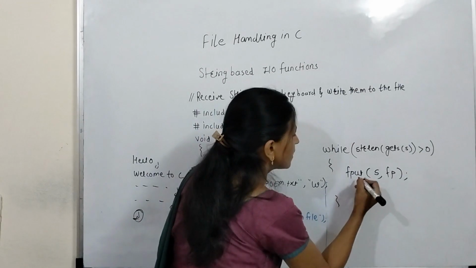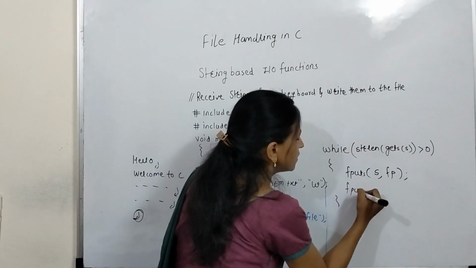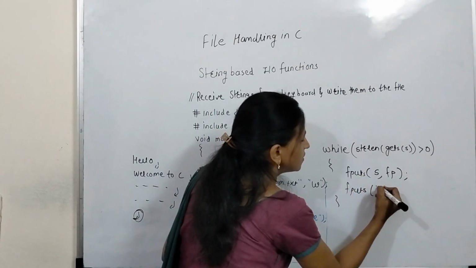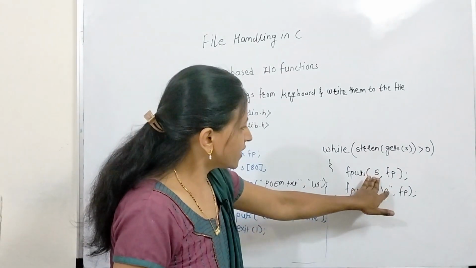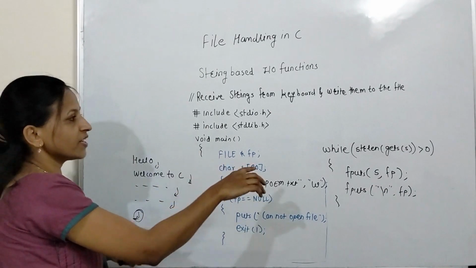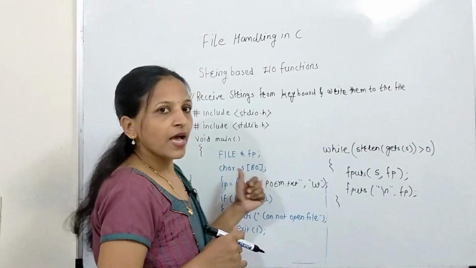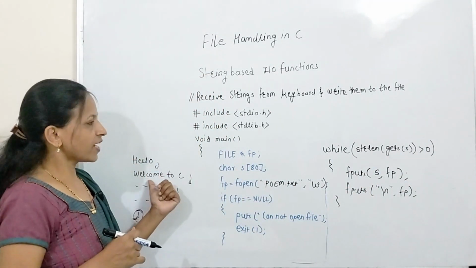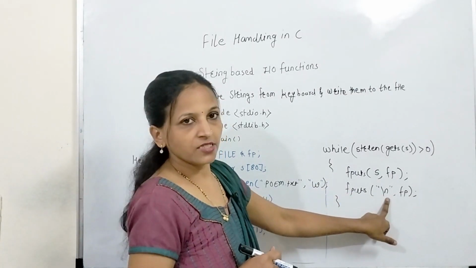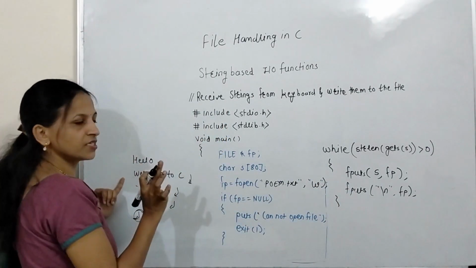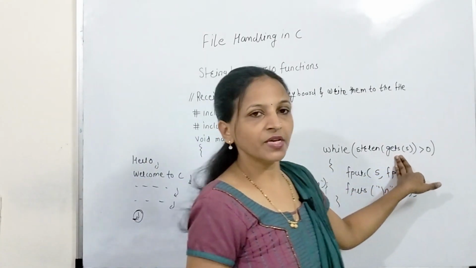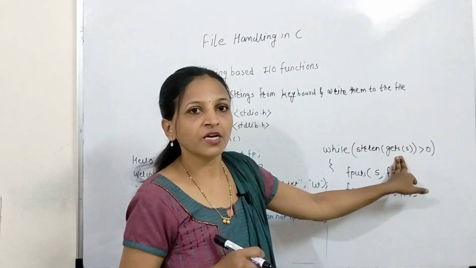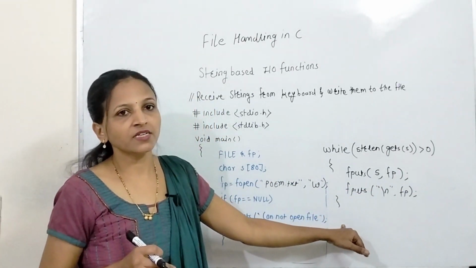Again we will call the fputs function, and here we will write \n in that file. First we write the string accepted from the user, and then we write the \n character. Now this has been successfully written inside that file, then at the end the length will be 0, this condition will become false, and we will come out of the loop.